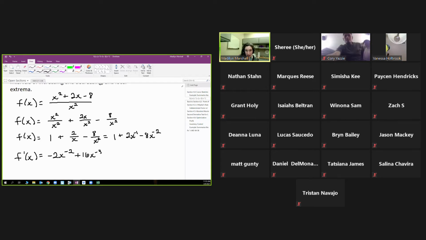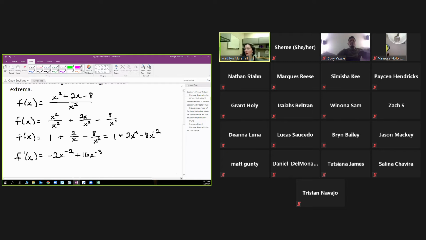I personally like this method because we can avoid the quotient rule, which I just prefer. But the trouble with this method is that now that we've taken the derivative, in order to use the derivative, we need to get it back into a form like the function started.